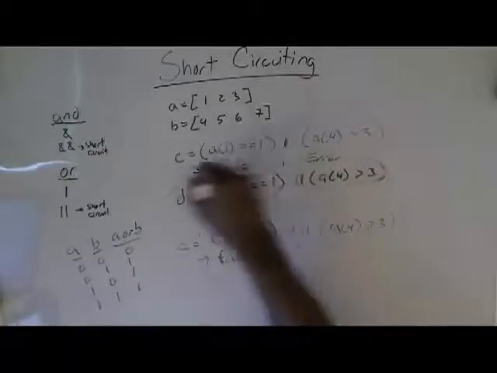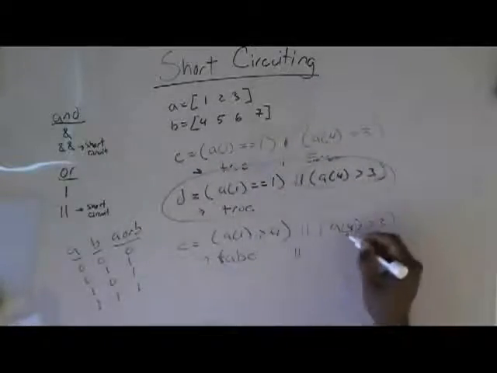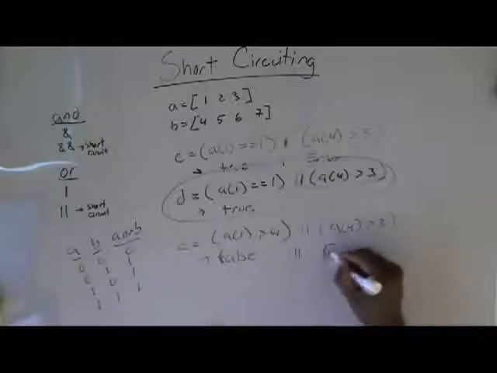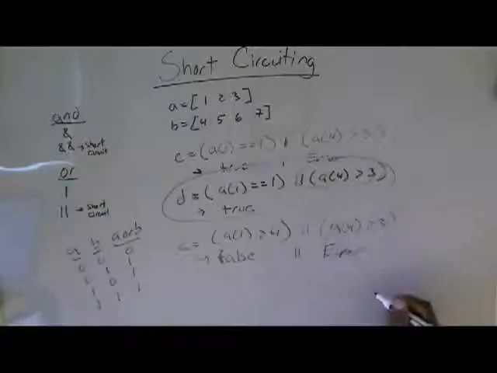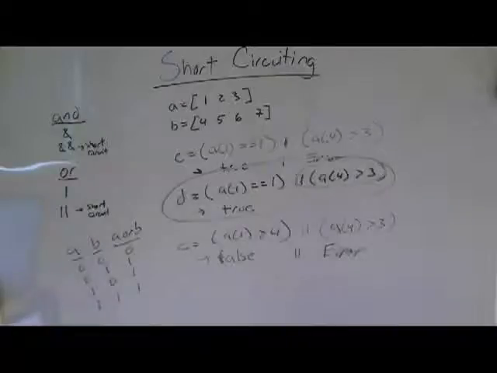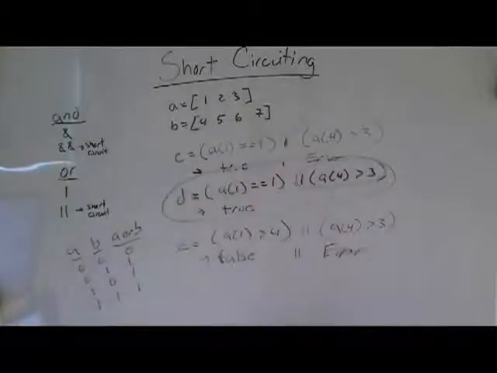So this is the only case that's actually going to work, because this has got to continue evaluating, and then I'm going to get an error here because there is no A4. And so that's a brief overview, at least an introduction to the concept of short circuiting. And that's why you have these double ampersands and double or statements that give you control as a programmer when you want to use this short circuiting or not.